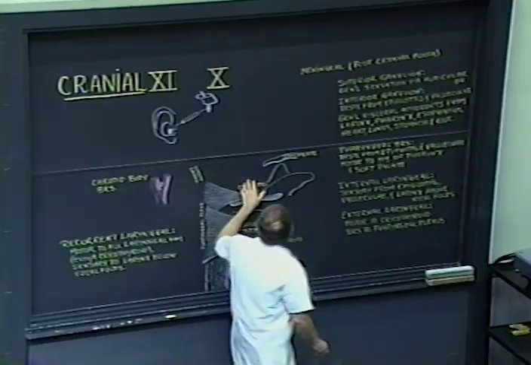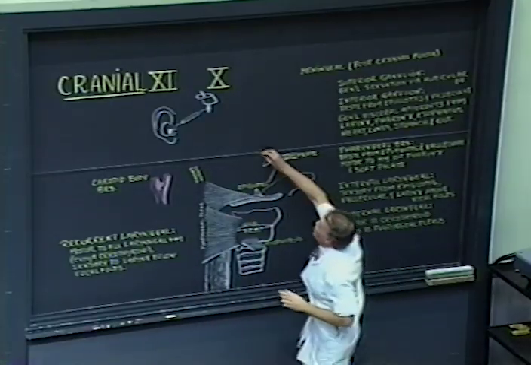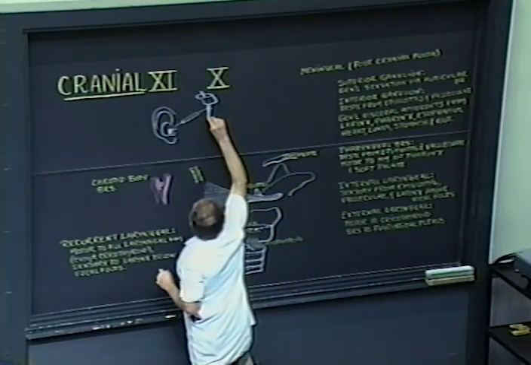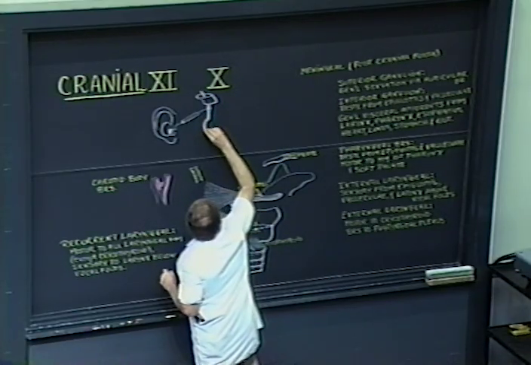Now, there is a much larger ganglion, the inferior ganglion, that hangs below that.